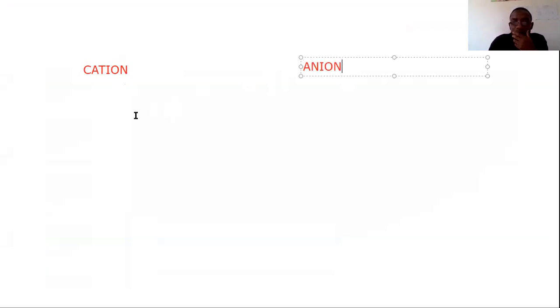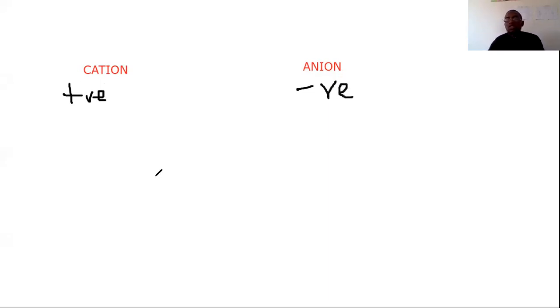A cation is a positively charged ion, then we have a negatively charged ion. So a cation is a positively charged ion, and an anion is a negatively charged ion.